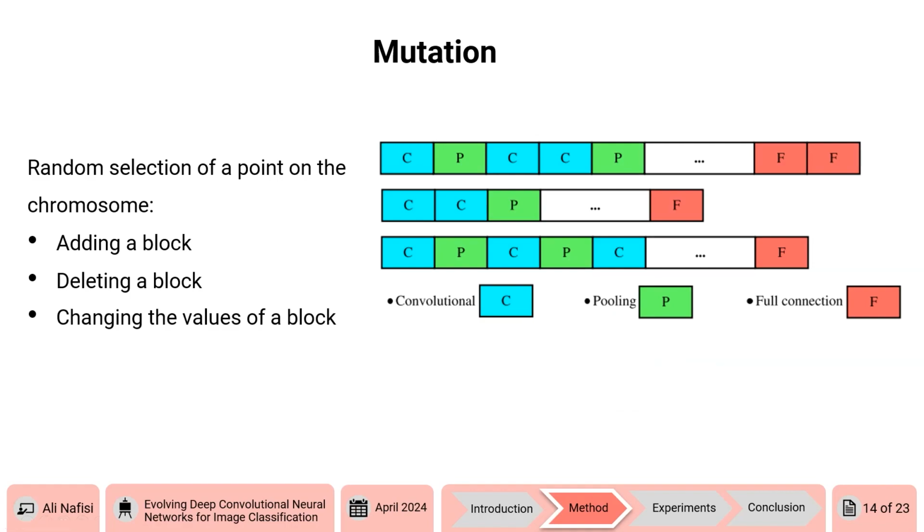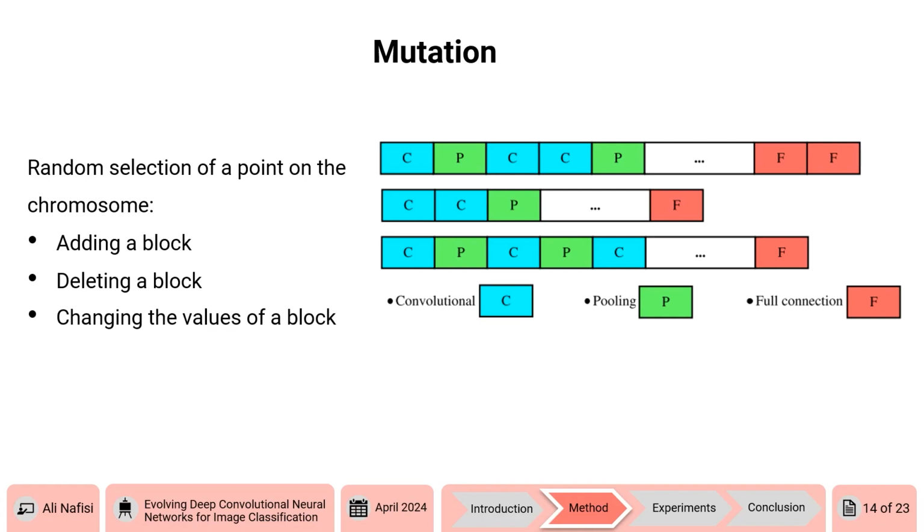With 33%, we will add a block to that index, and the block will, with equal probability, be maybe a convolutional layer, maybe a pooling layer, or maybe a fully connected layer.